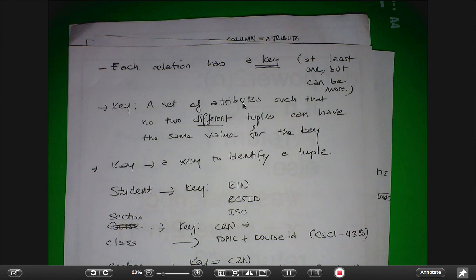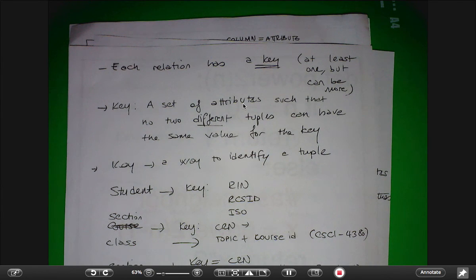So now coming back to the last one, that each relation has a key. Even if I did not define exactly what the key is for a relation, by default, all relations have a key. Why? Because you can never store the same tuple two times, right? And two instances of the same tuple are going to be considered the same thing.